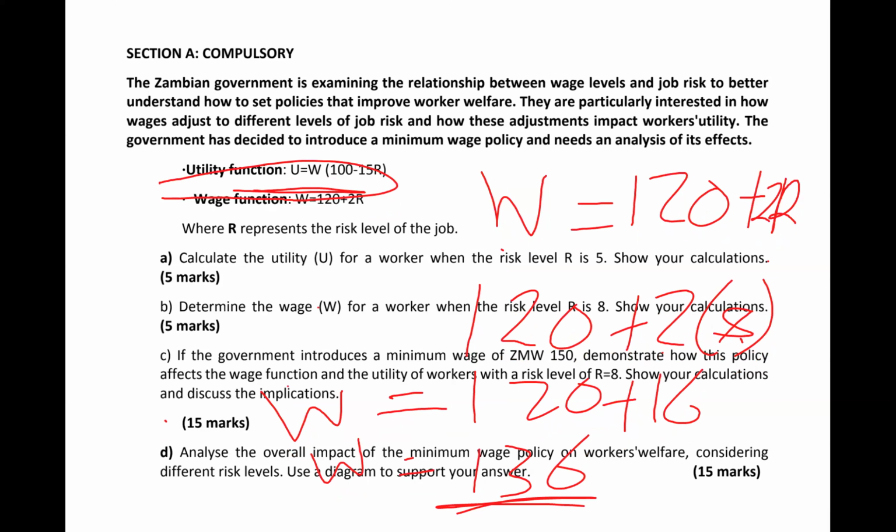You replace that into the utility function where there's W, you replace it with 120 plus 1R.